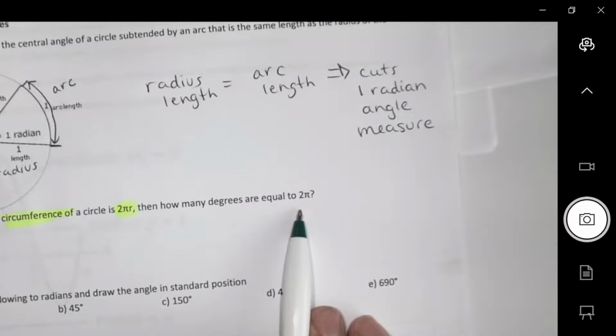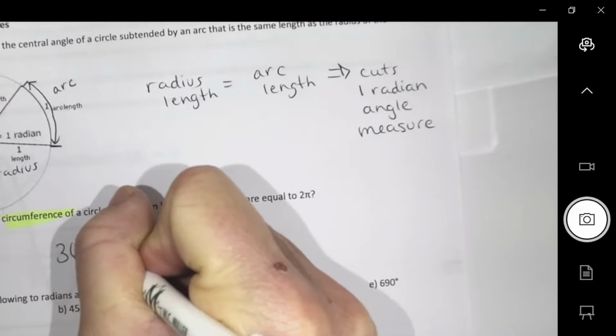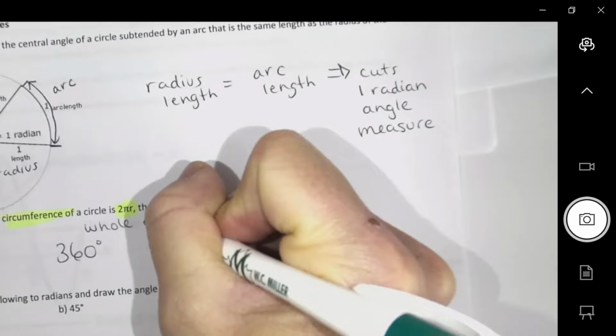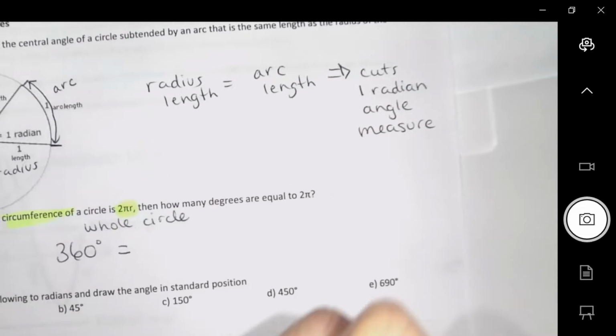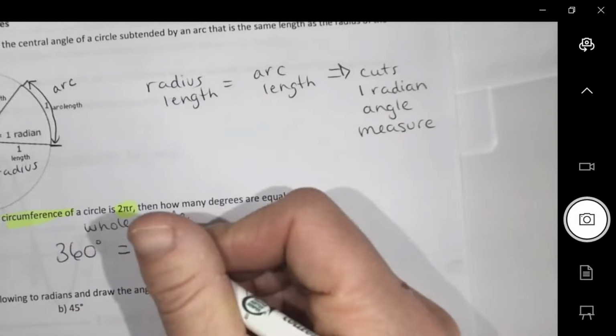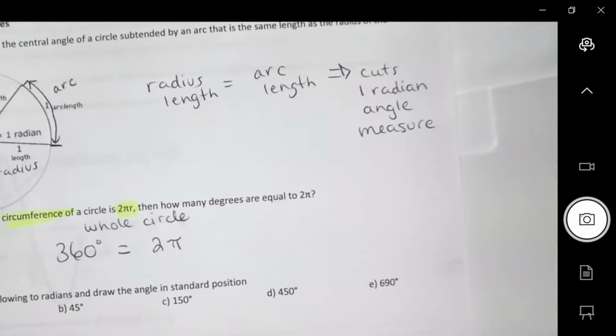So how many degrees are in a full circle? When you go around a whole circle, when I say degrees, how much is that? 360. So a whole circle is 360 degrees, and now if I do the circumference, that's the total arc length, so the whole circle arc length, which is 2 pi.